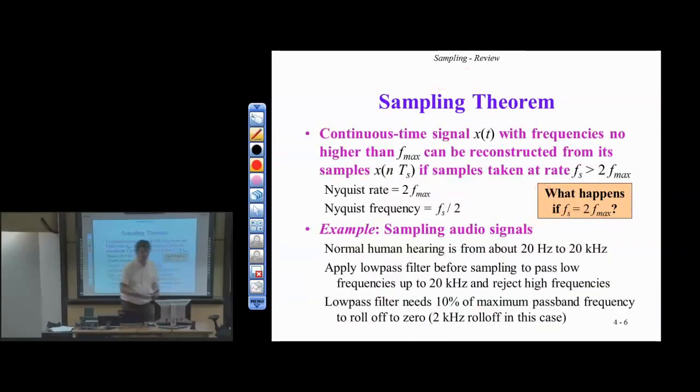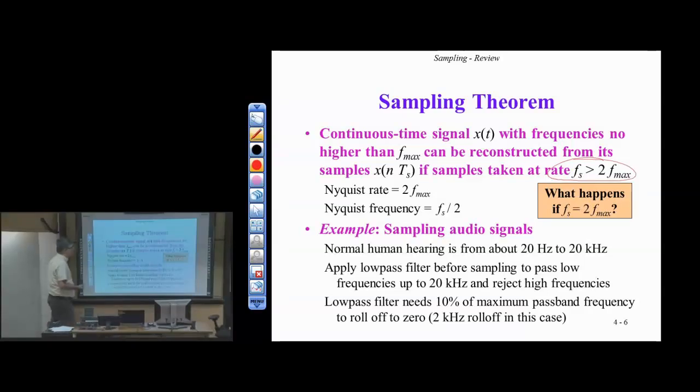All right, still more review. Sampling theorem, which is just a byproduct of the previous slide. In the sampling theorem, if we have a continuous time signal x of t with frequencies no higher than f max, we can reconstruct it from its samples if the samples are taken at a rate fs greater than 2 f max.